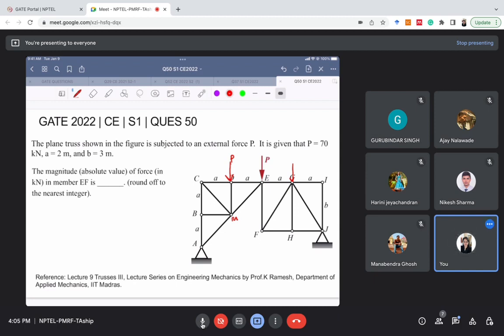So a member can be a zero force member for a particular loading and can carry some force for another loading. Okay, so in this problem the load acts at E, and for that particular loading we need to calculate the magnitude of force in member EF.